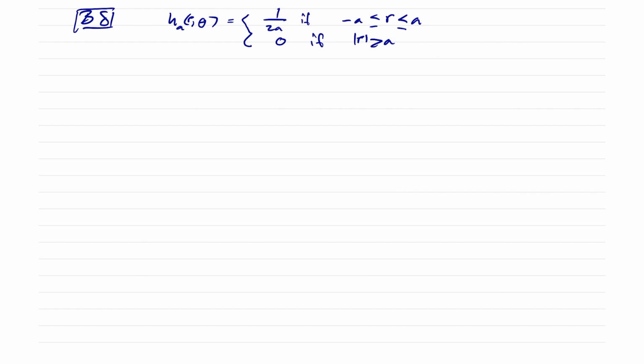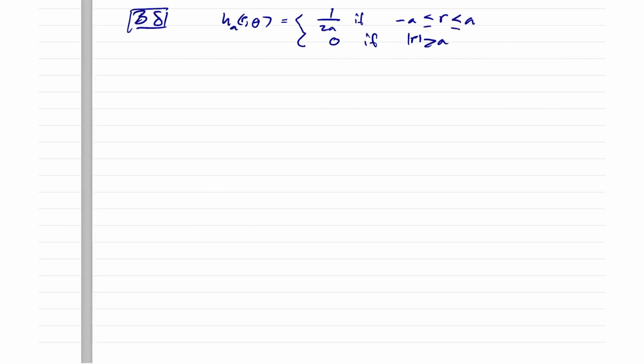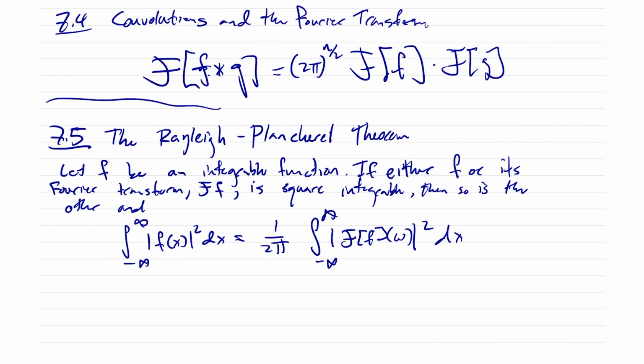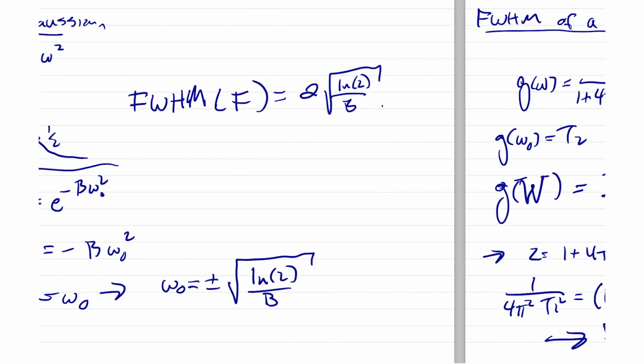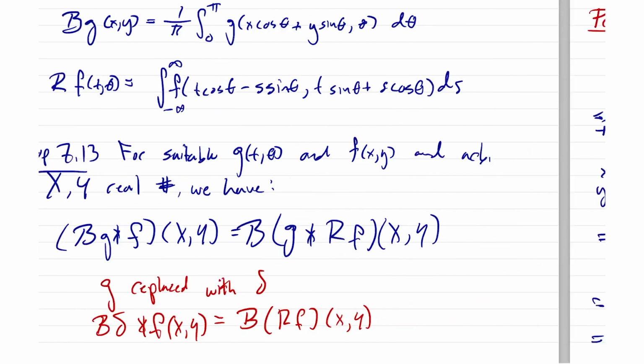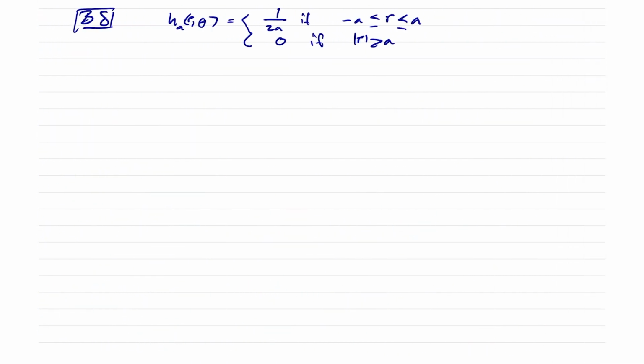And so we see that as a goes to 0, we maintain an area of 1, and our FWHM is going to be decreasing as well and going to 0.